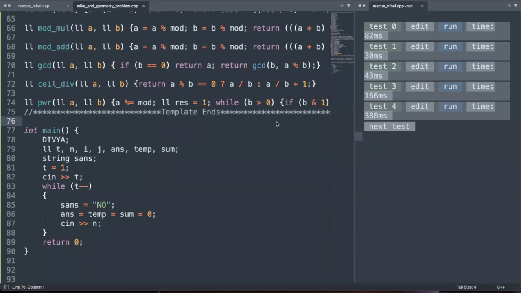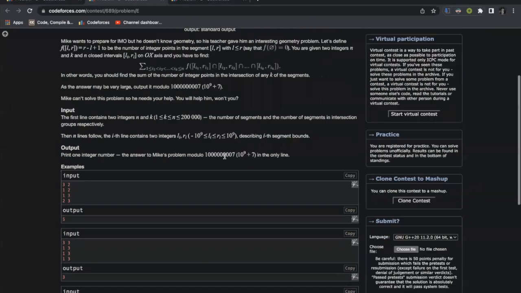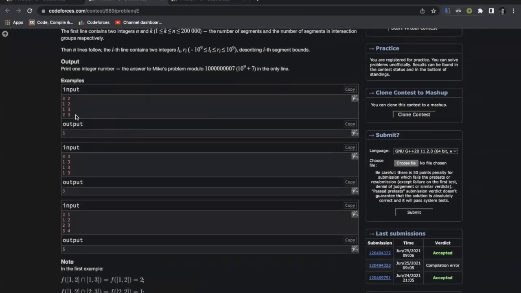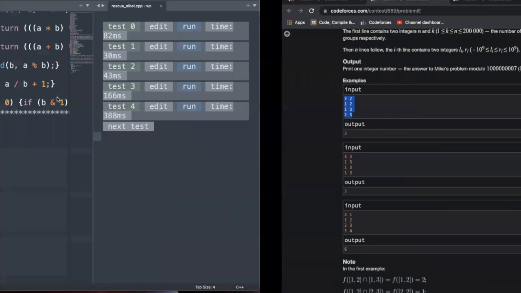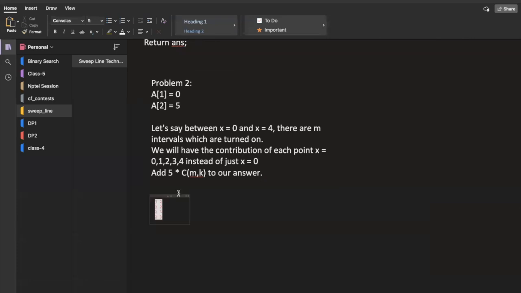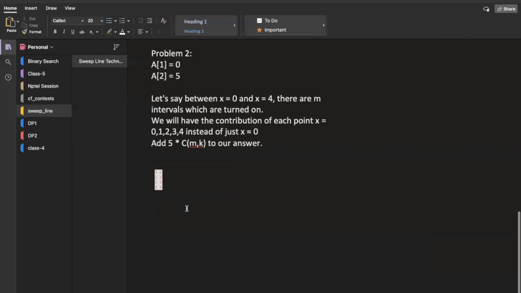Can you take a short example and show how things are working? Okay, so let's have a look at the samples. Let's say we have a situation like this. If we sort all these values in a vector, what we'll get is 2 1s, then 2 2s, and then a 3.